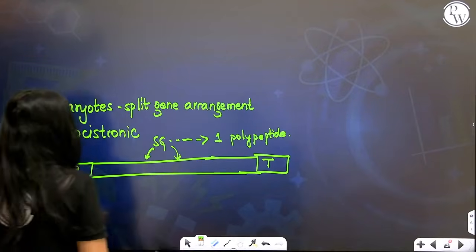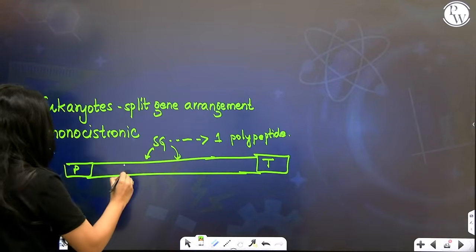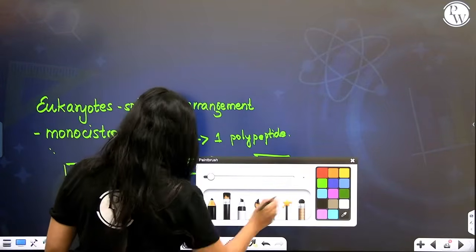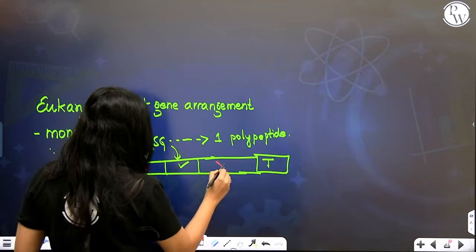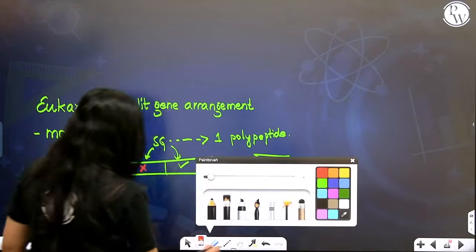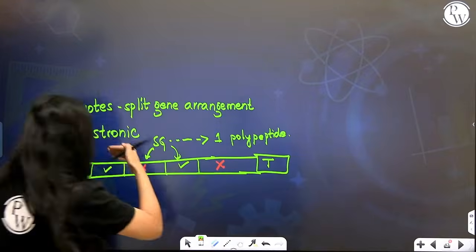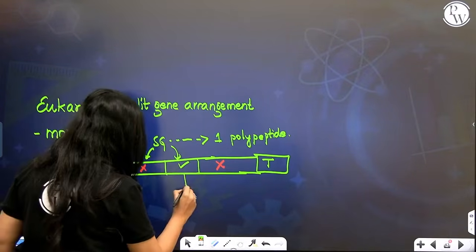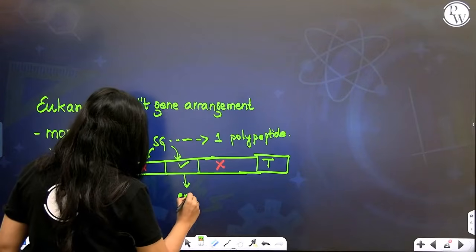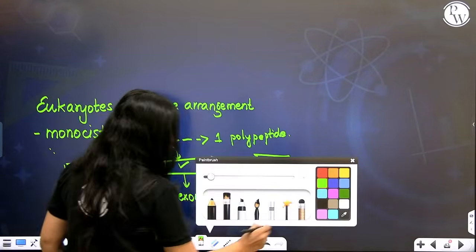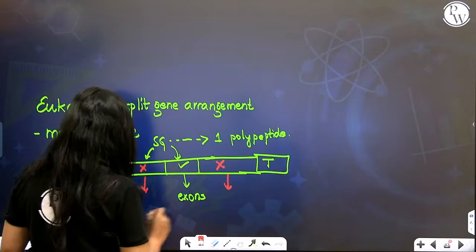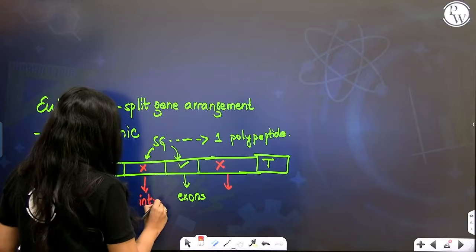Even within the structural gene, there are certain regions that have information and there are certain regions where there is no information for the synthesis of polypeptide. The regions which do have information and express themselves are called exons. The intervening sequences which do not code for any polypeptide, which lack information, these are called introns.